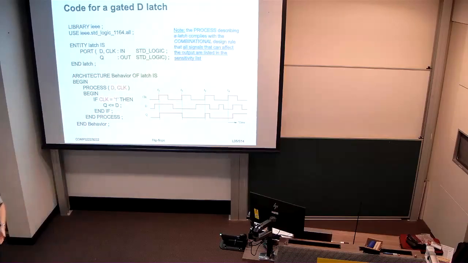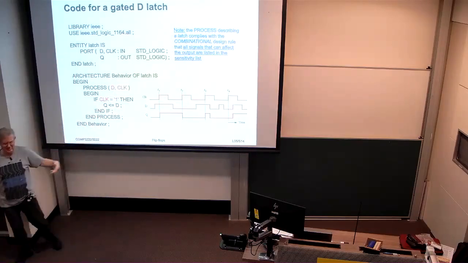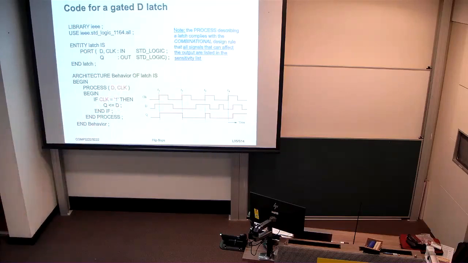Even with Vivado, it'll say, it looks like you want to do a latch, but you haven't put D in the sensitivity list. Are you sure this is correct? Similarly, if you didn't have clock in there, it would say, well, hang on, clock's in the guard here. Don't you want it to be in the sensitivity list then?